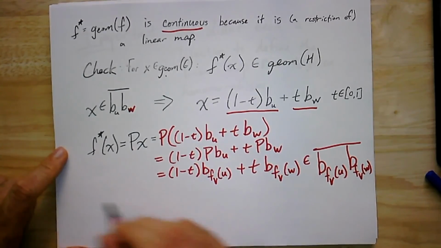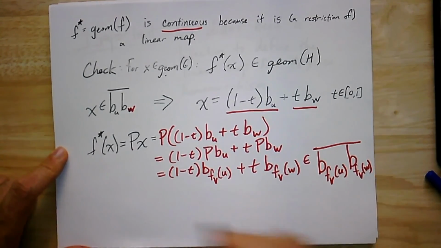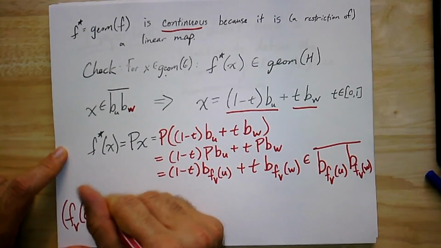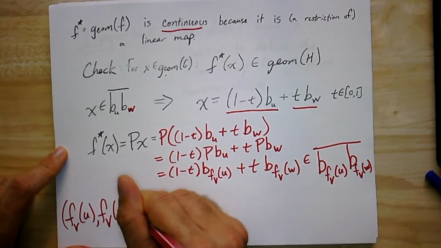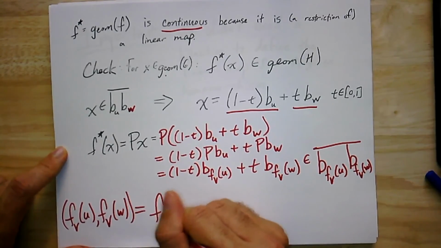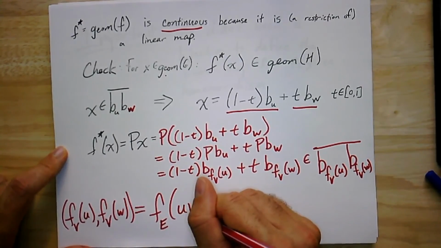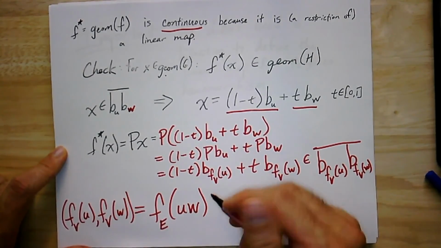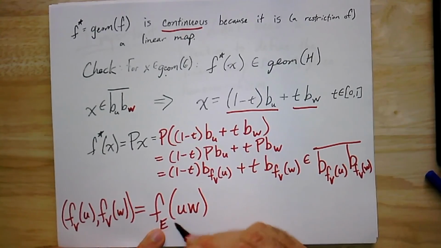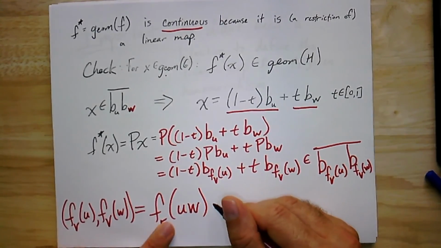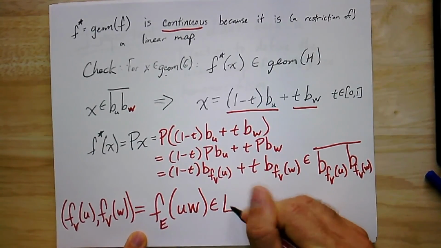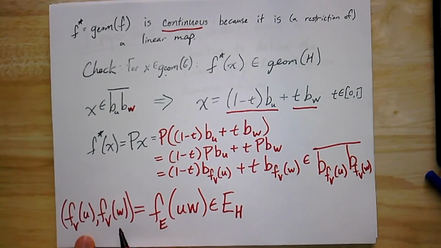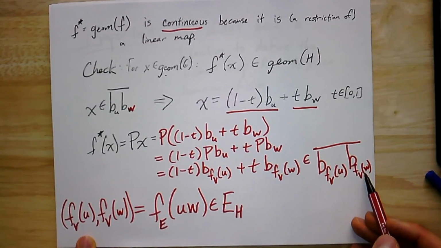Okay, so I could just do that, but you see that this is fv(u), fv(w). Well, that's equal to fe of uw. That's the definition of fe of uw. And since f is a graph homomorphism, that means that this is in the edge set of H. And so we do really have an edge here, which corresponds to this line segment.